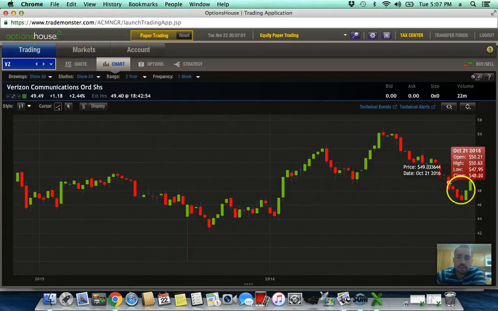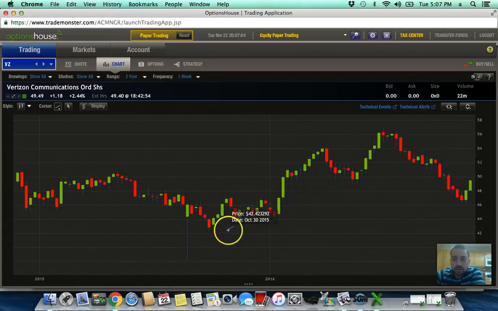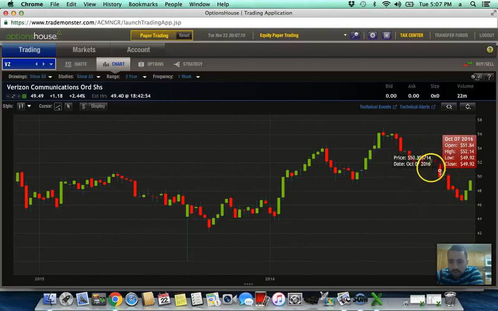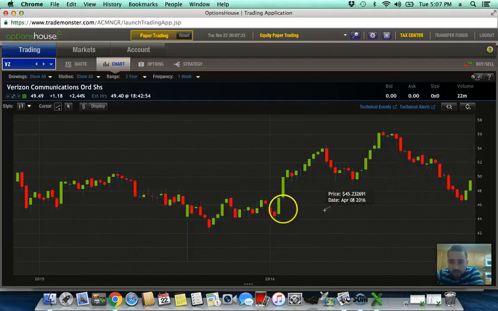So here we can see the chart, kind of 2015, 2016. We're trying to look at trends. We see between like 44 and 56 is kind of where the trend over the last 2 years is. So given that, we look for levels of support and resistance. You see around the 52, 48 level, it's kind of been in that zone in 2016.